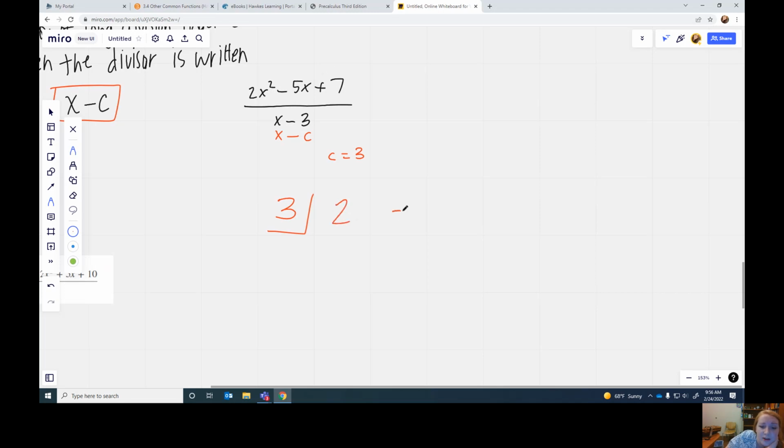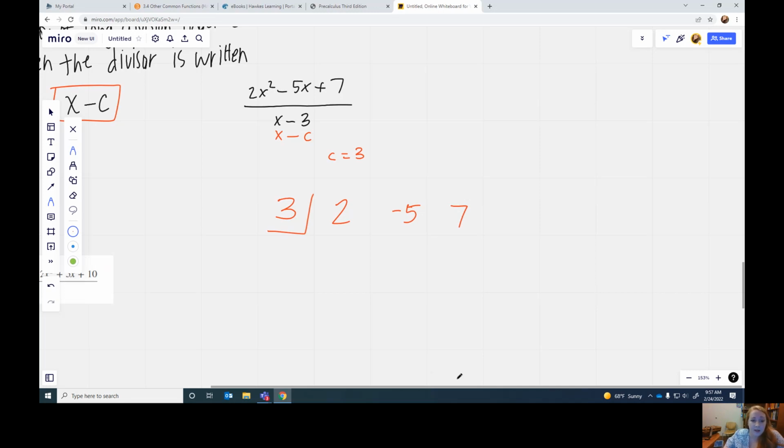Just to make sure we're all on the same page, first determine the value of c. C is 3, you put it in a little box by itself. Beside that number, you write the coefficients of your dividend.